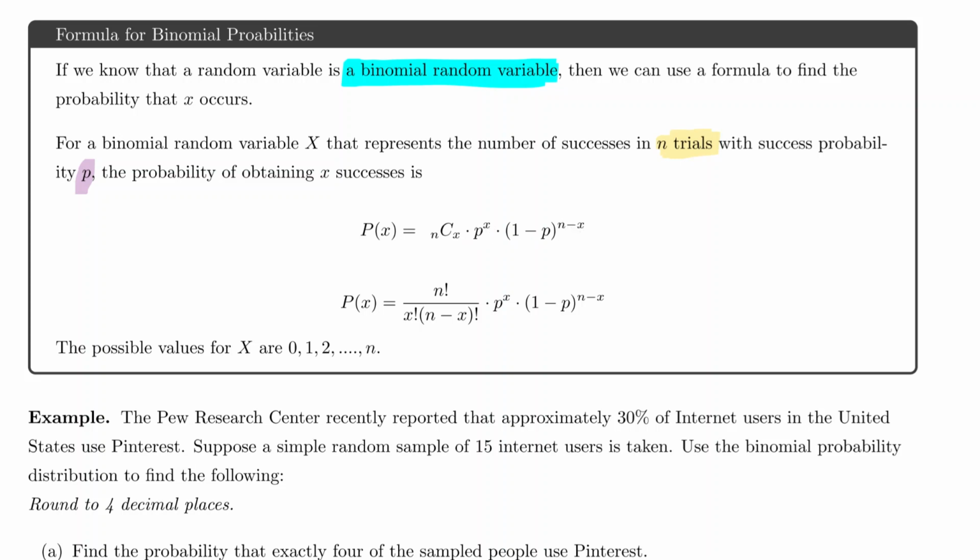And this part of the formula right here, n choose x, is this right here: n factorial over x factorial times n minus x factorial.